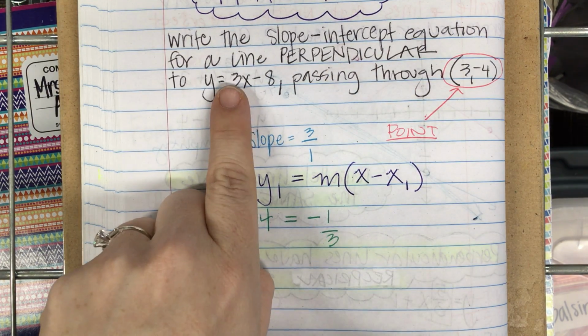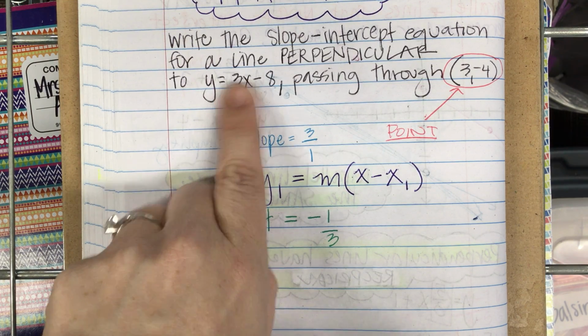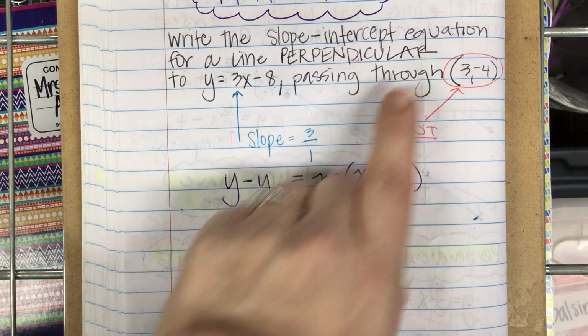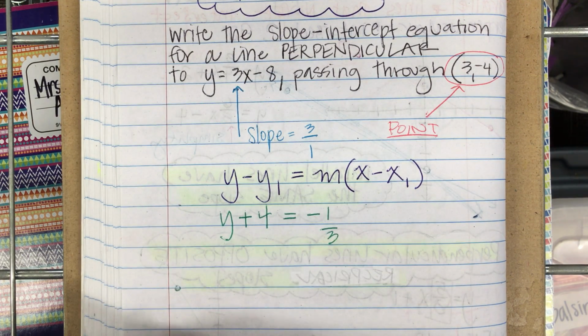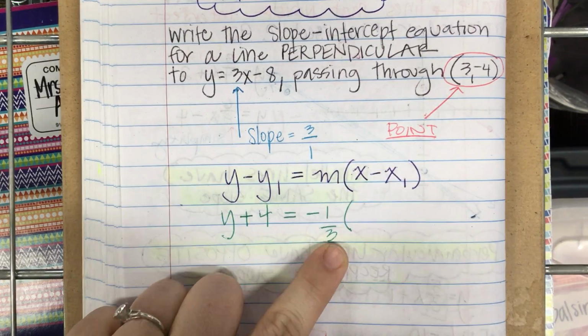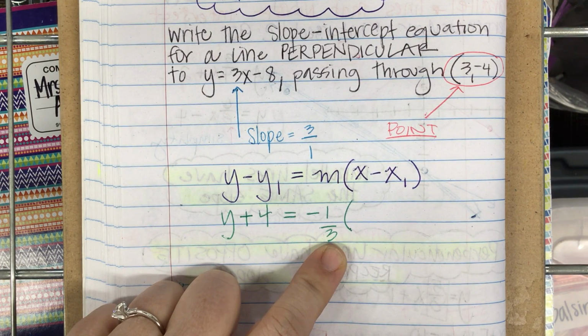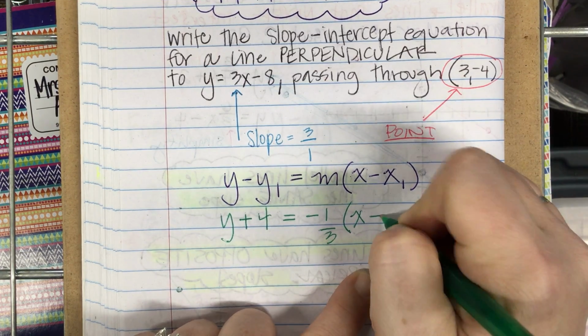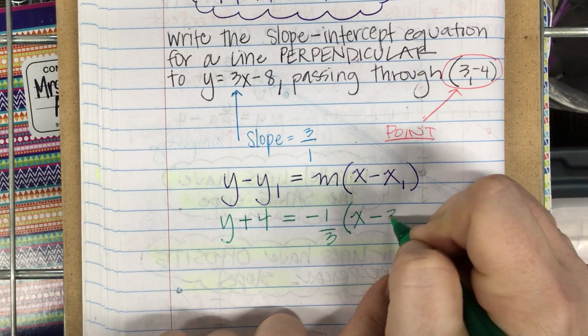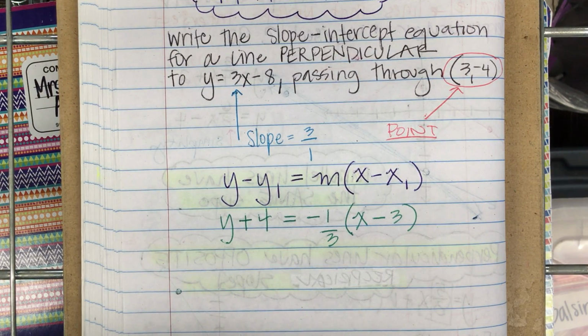Parallel lines have the same slope, but perpendicular lines are opposite reciprocals. Parentheses, x minus 3. First step, substitute.